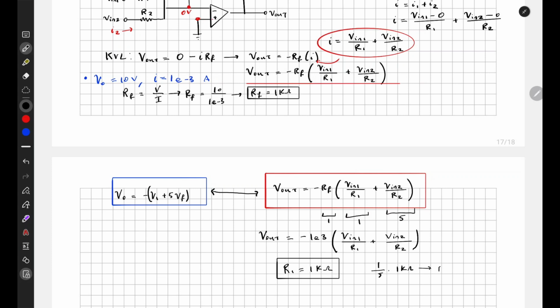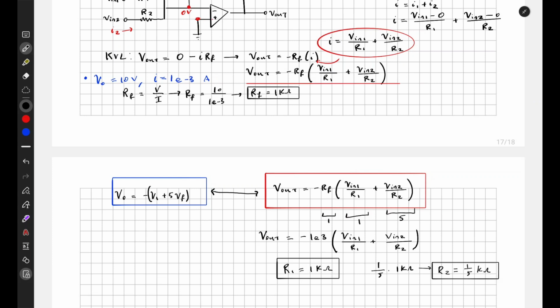That means that R2, maybe, we don't know exactly yet, but maybe it's 1/5 kilo ohms. Okay, so we have solved for some values for R1, R2 and RF, but we need to verify that this solution that we have proposed is valid and works.